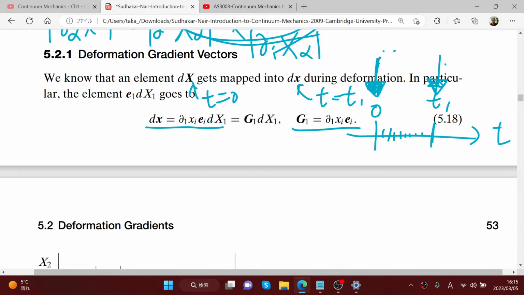I think it's okay. This just means dx. Originally we have this. So then this is dx.